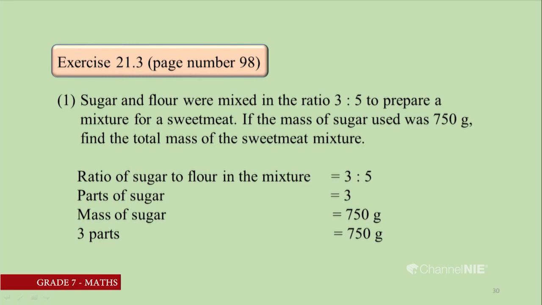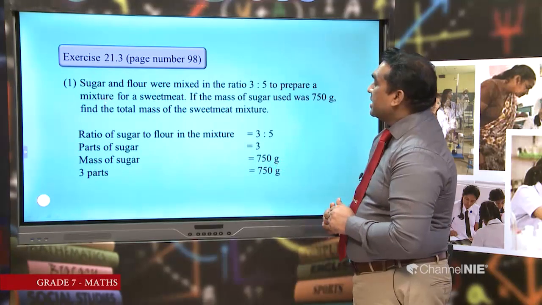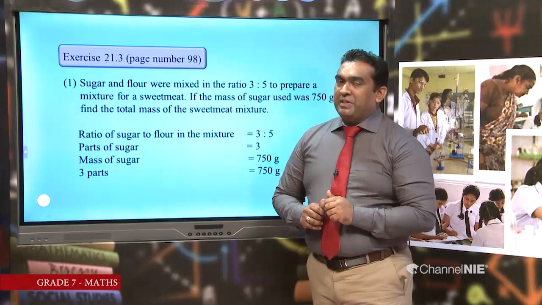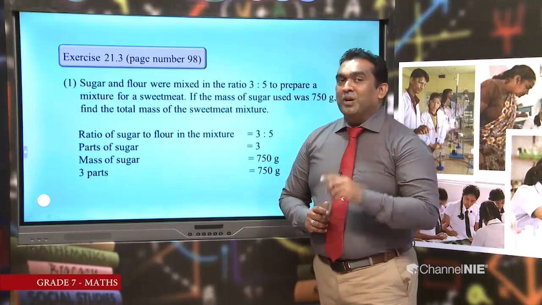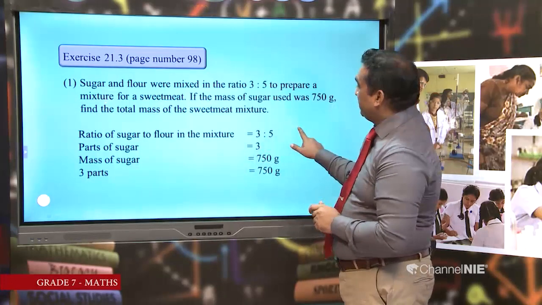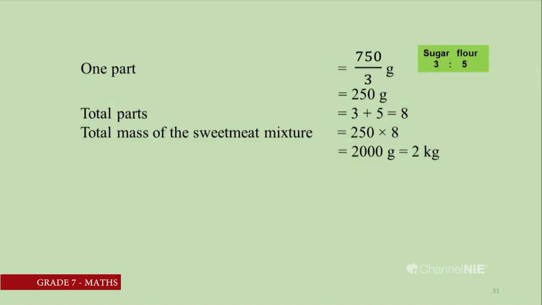Ratio of sugar to flour in the mixture 3:5. Parts of sugar 3. Mass of sugar 750. Therefore, you can see that 3 parts goes to 750. 1 part, what to do? 750 should be divided by 3. 1 part, 750 divided by 3, 250 gram.